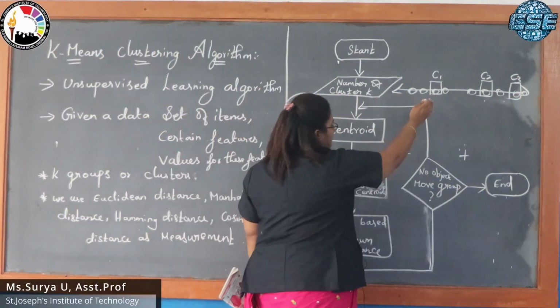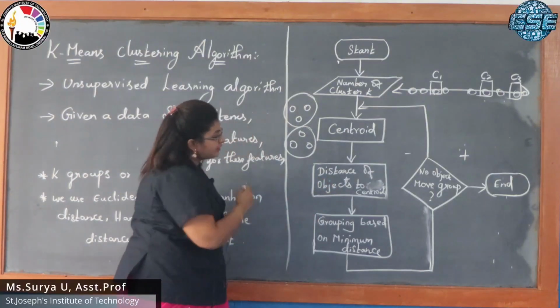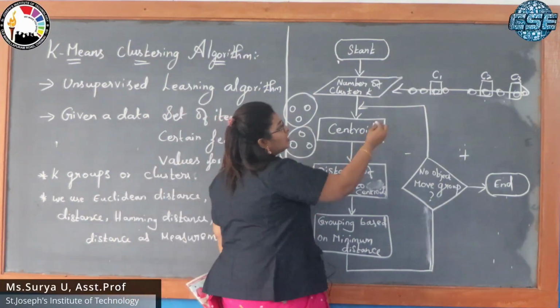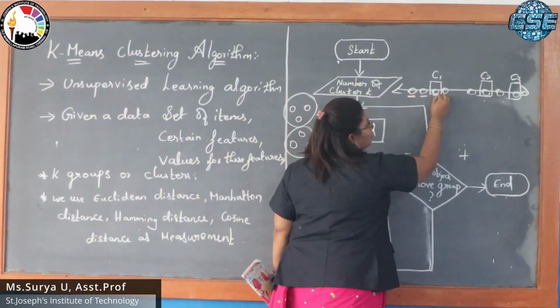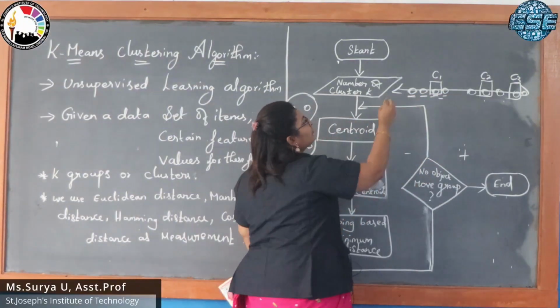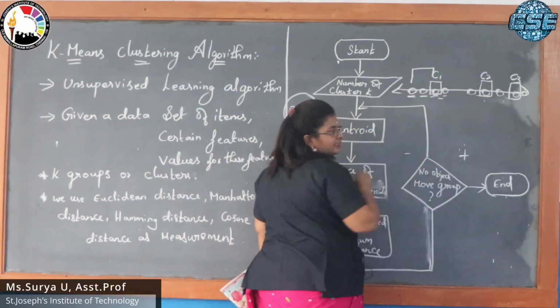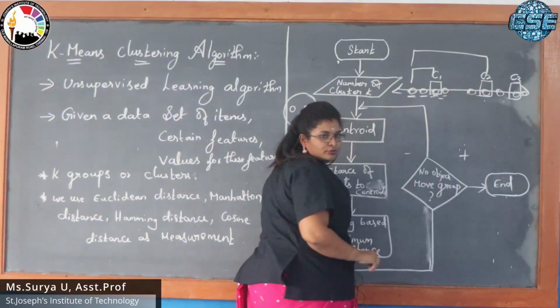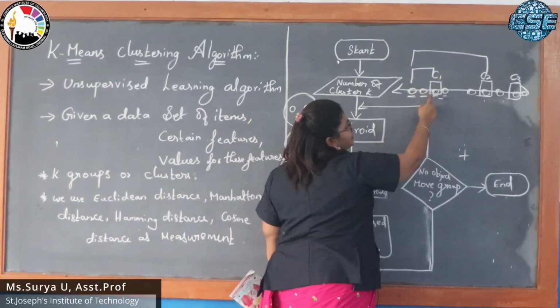Depending on this, you have to calculate the distance from the objects to the centroids. What does it mean? Each and every point is called an object. You have to calculate the distance between these two values. Here, this is my first centroid.